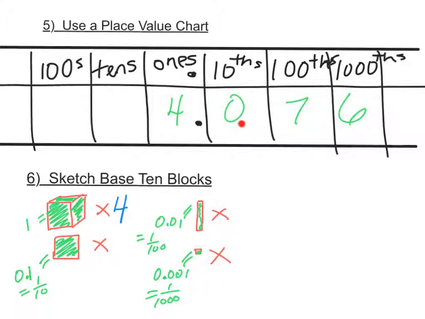I have 0/10ths, so I don't need tenths, or I could put times 0. Hundredths, I have 7, as you can see here. And thousandths, I have 6. So again, I've now shown you 6 different ways to show the same decimal, 4.076. I hope this helps.